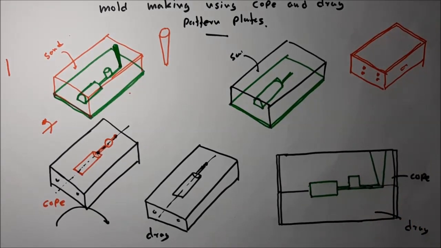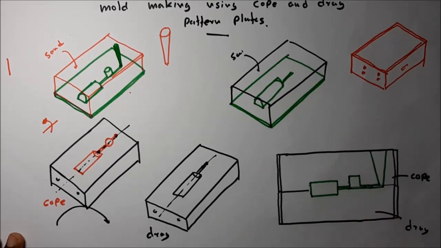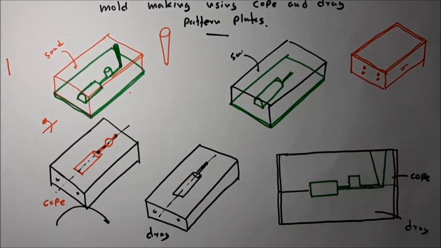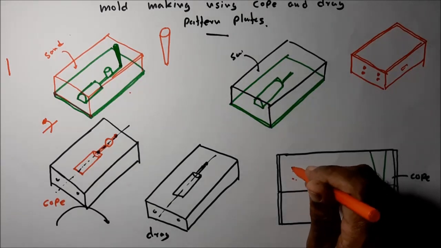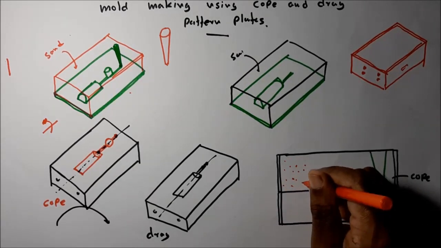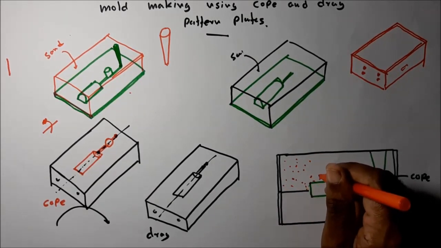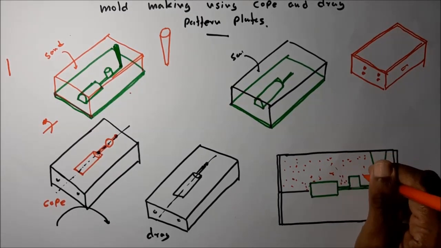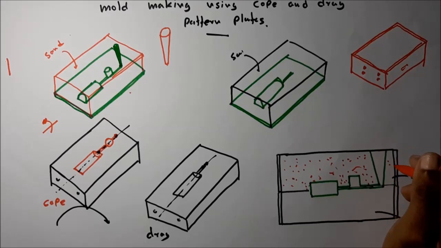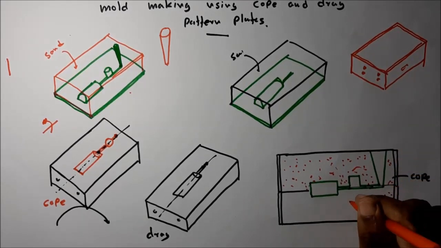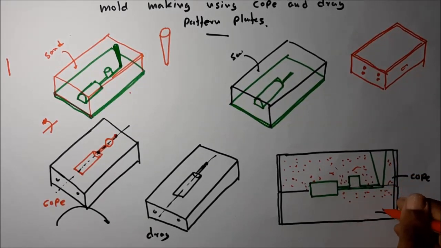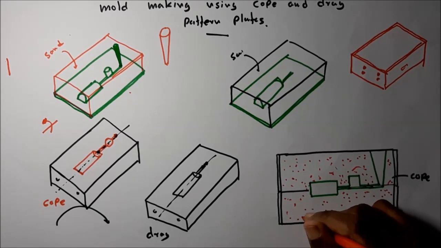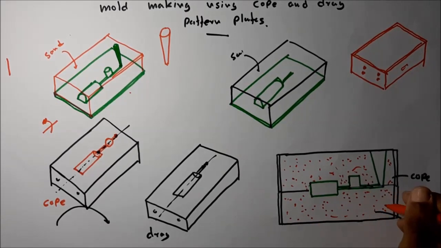You can see the drag part and the cope part are made separately, then these two parts match each other to form the complete cavity. This is the sand mixture, compacted around the pattern to create the total cavity area.